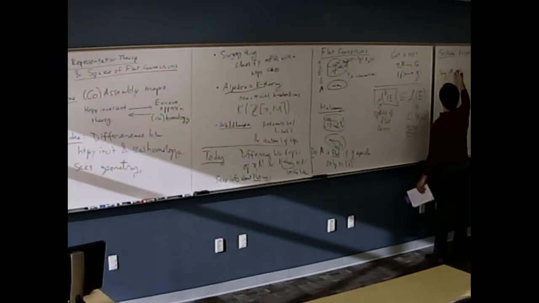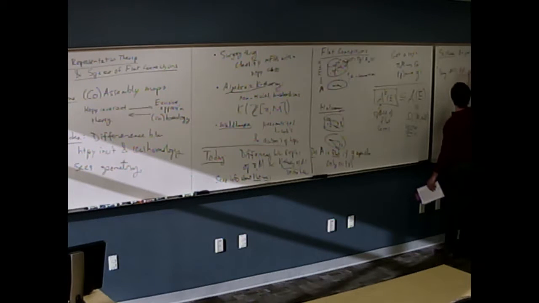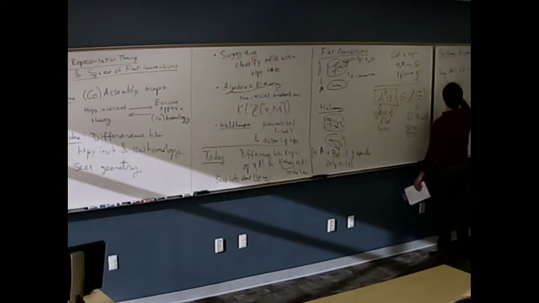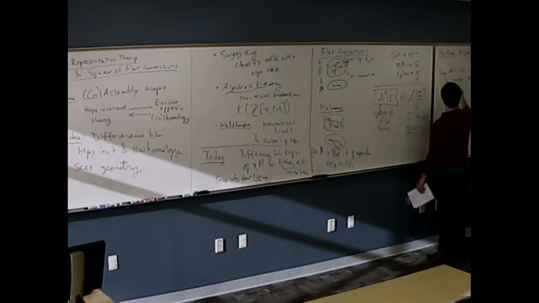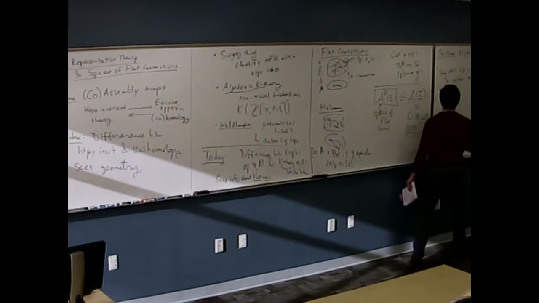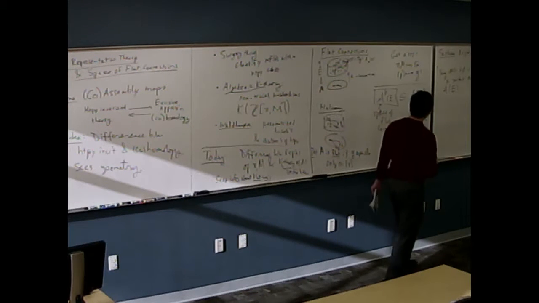What Atiyah and Bott said was that the Yang-Mills functional, which I'll define in a second, is in some sense what they call a perfect Morse function on the space of all connections on a bundle over this manifold.